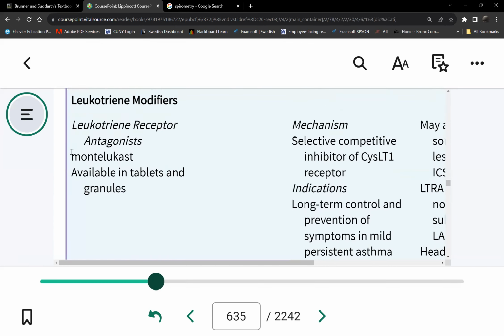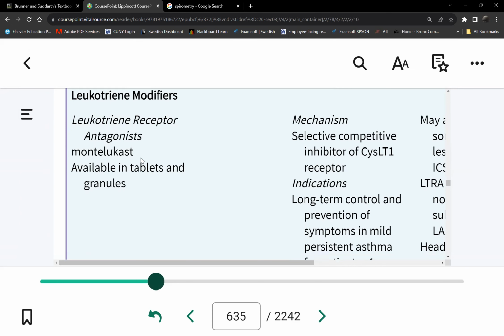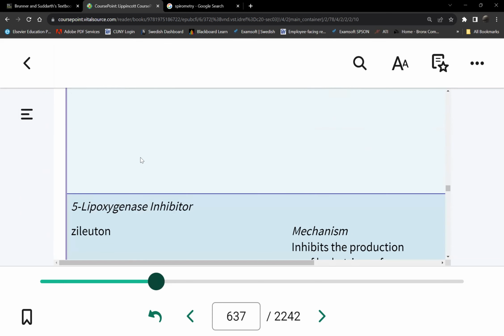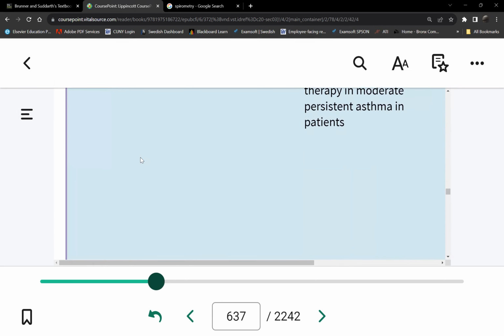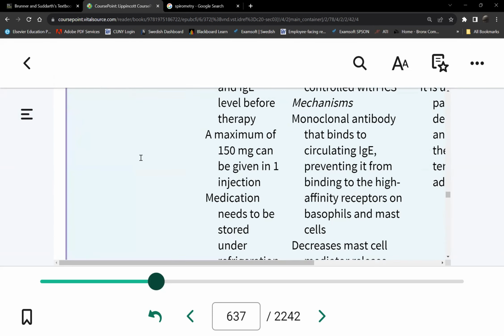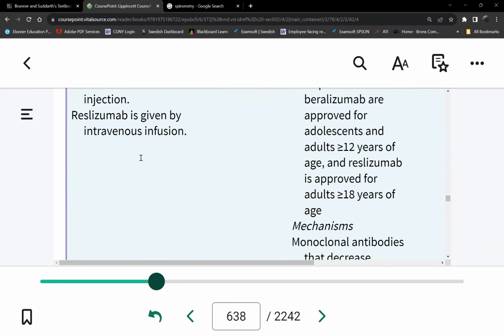So Montelukast is the only one, I've never really seen any other generic. This is Singulair. Have you heard of Singulair? This is Singulair, Montelukast. Yeah, that's a tablet only. It says tablets and granules.